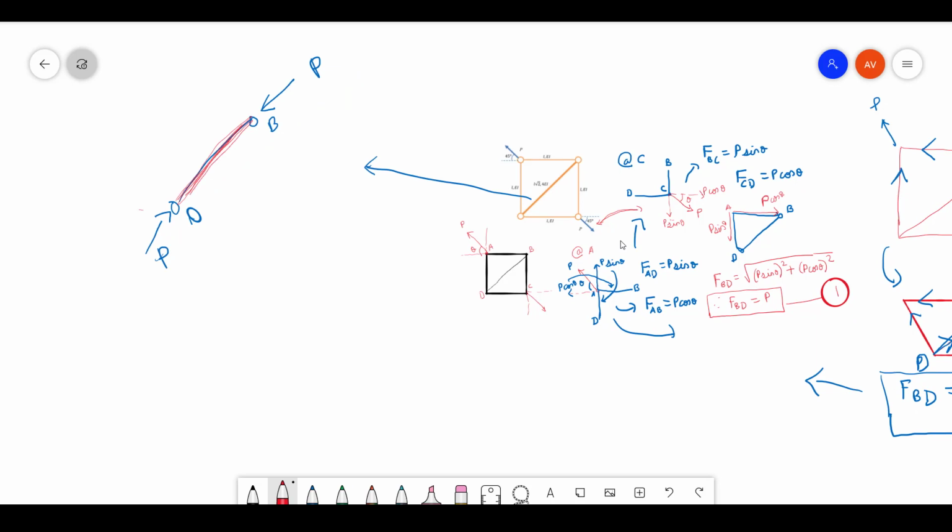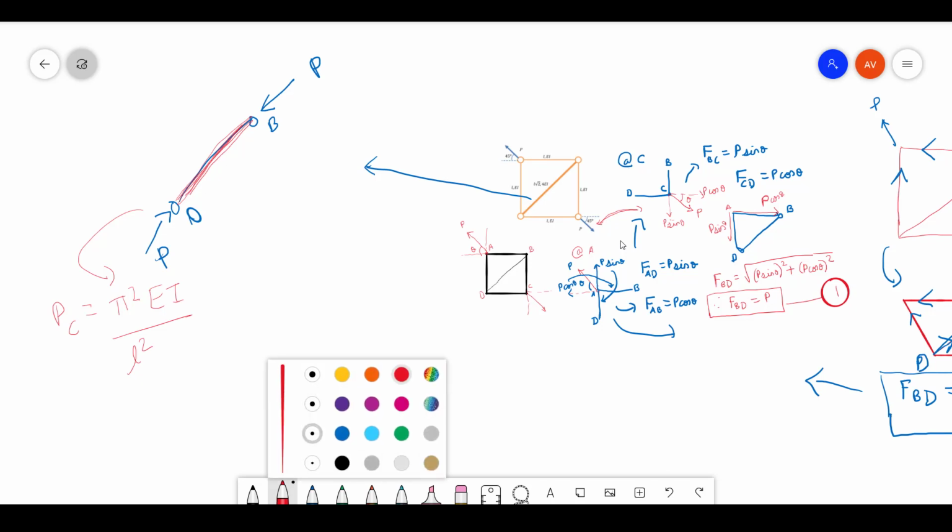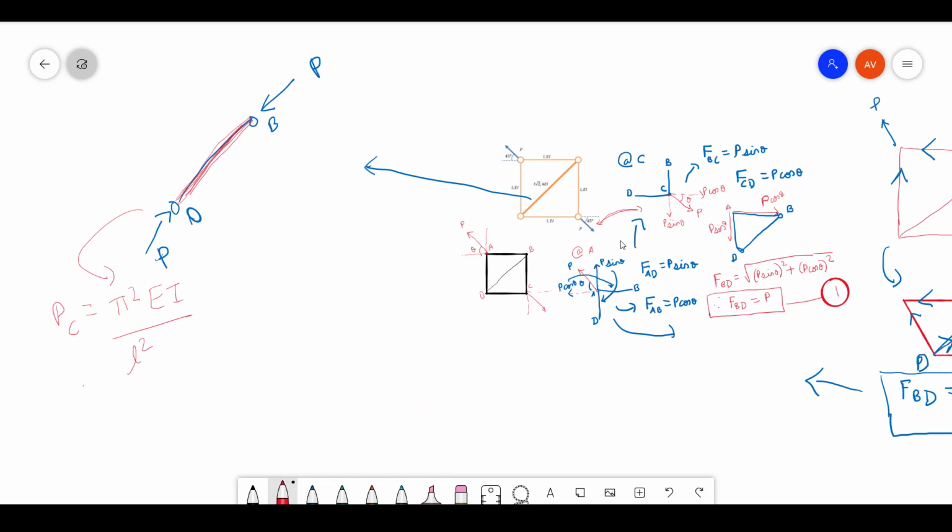Using Euler's buckling theorem, the compressive load for buckling is in general pi squared EI by L squared. Here, instead of EI, we have 4EI, and instead of L, we have L root 2 for this particular member.